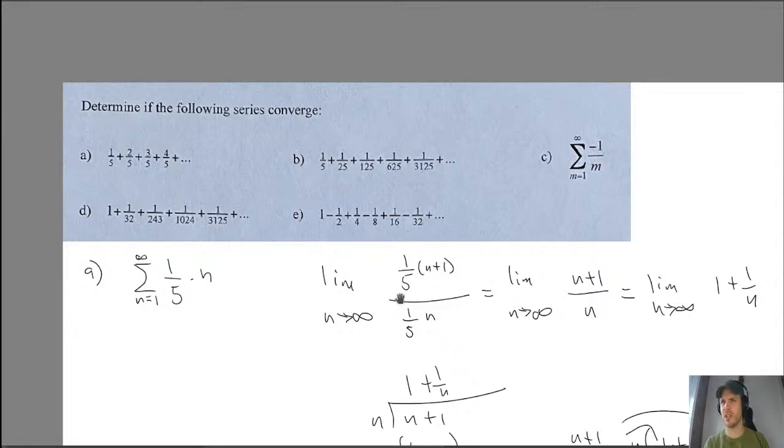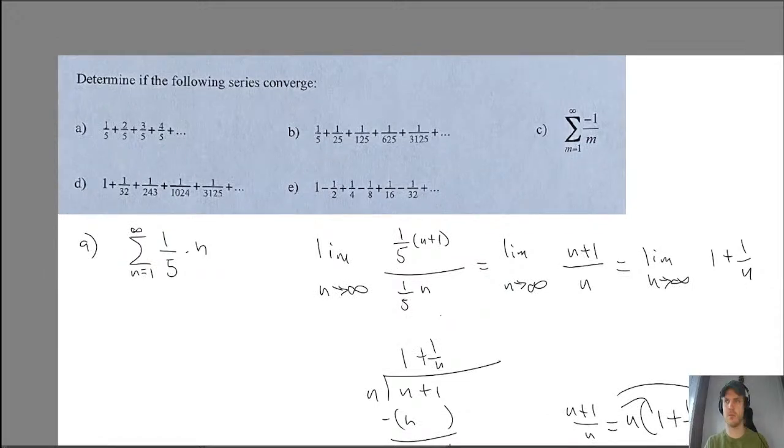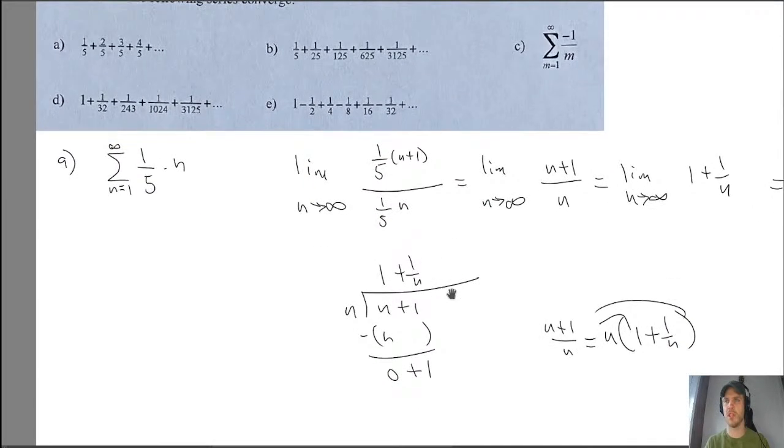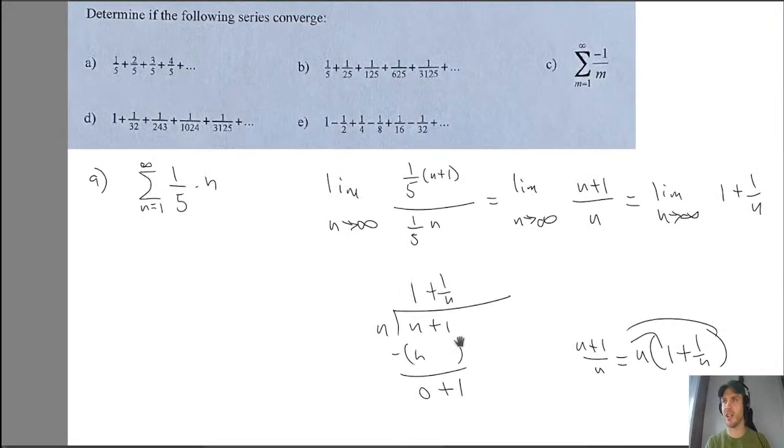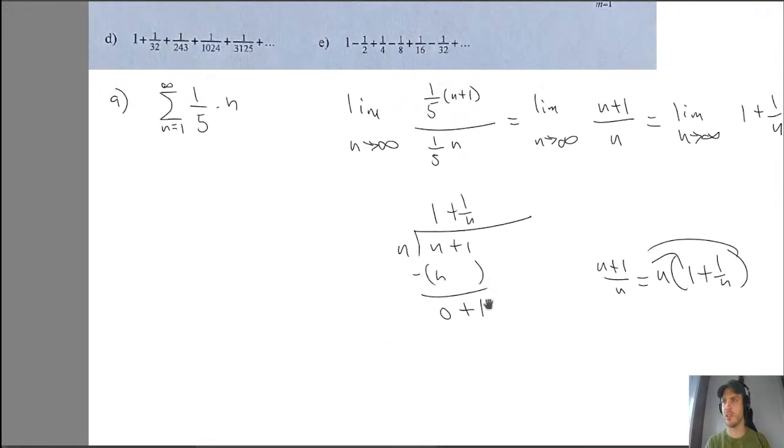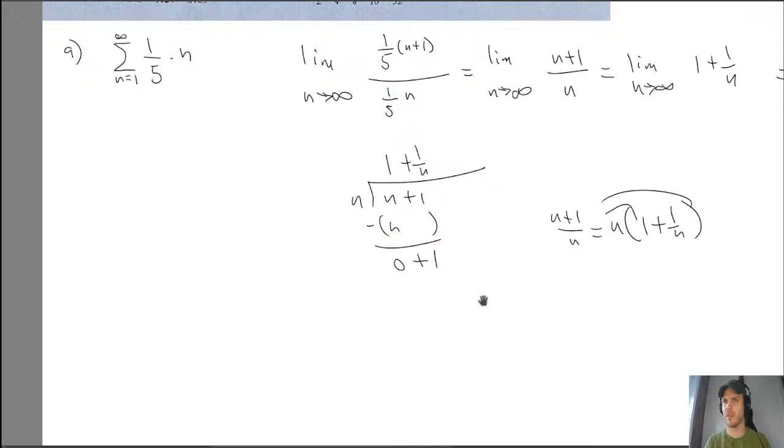Let's try. I mean, I know this is divergent, but you have to be able to justify it. So let's say, so here's the root test.